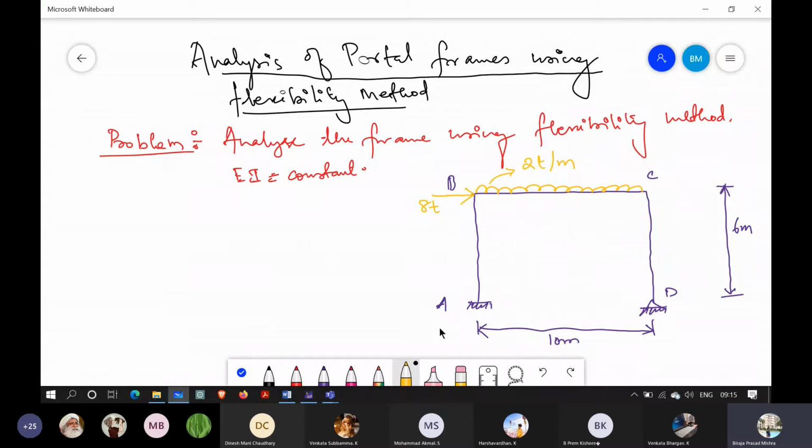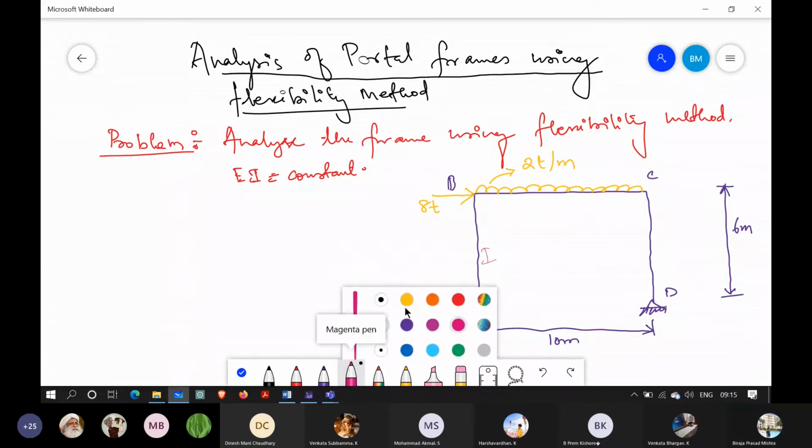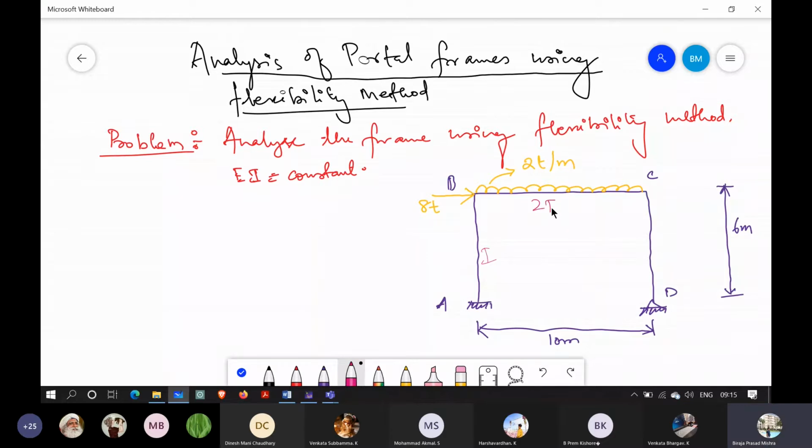The moment of inertia is I, 2I, and I again. This problem we have to solve using the flexibility method.